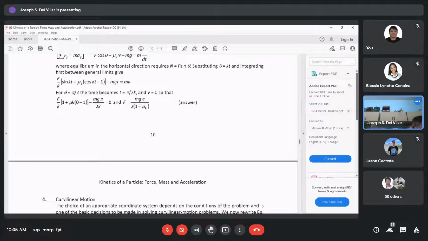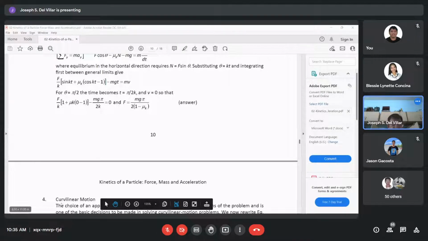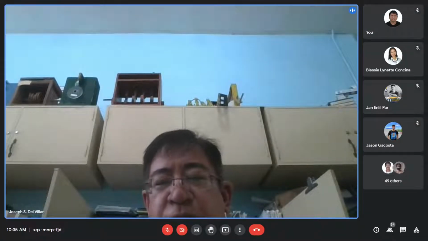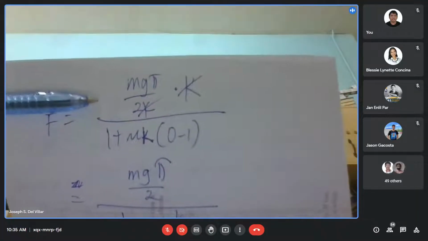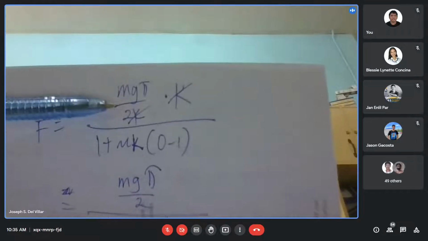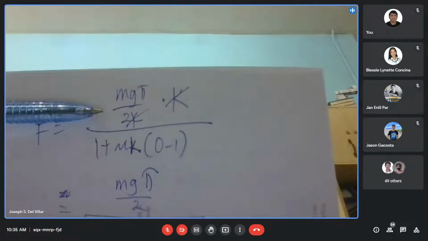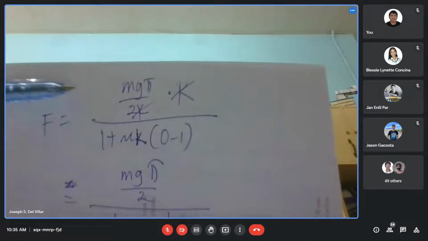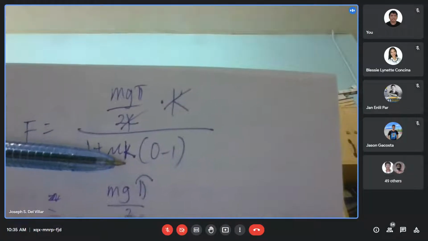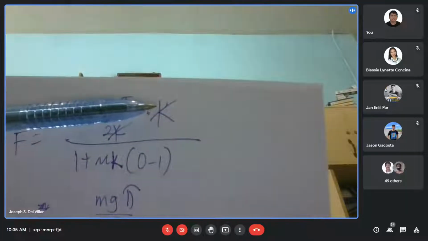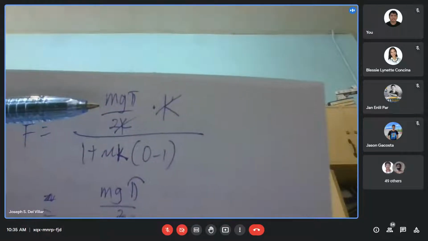So this is how we derive the force. First, transpose mg pi over 2k to the right, so it becomes positive. Since there is F over k on the left, we multiply by k there, so it becomes a multiplier of mg pi over 2k.